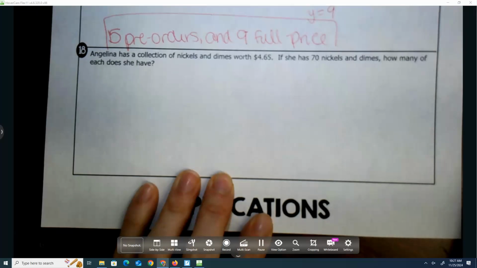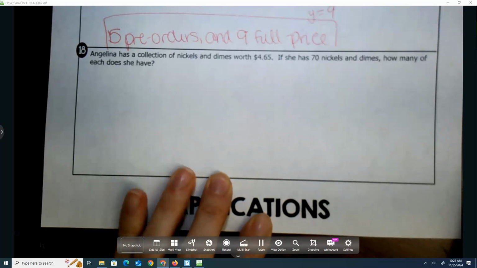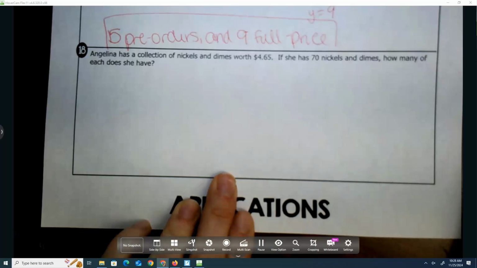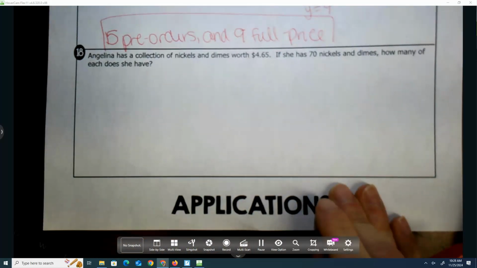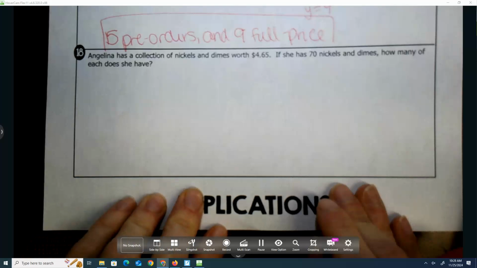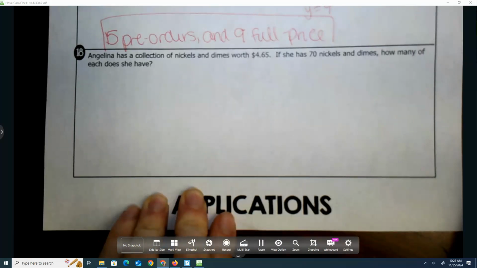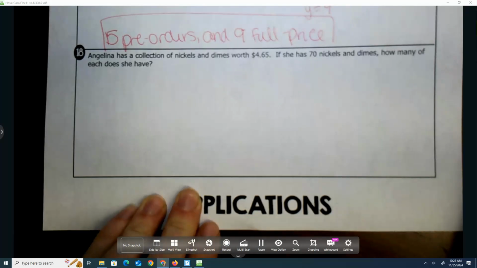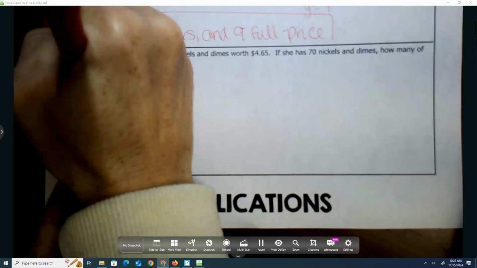All right. Let's look at problem 18. Angelina has a collection of nickels and dimes worth $4.65. If she has 70 nickels and dimes, how many of each does she have? So, where would we begin? What are the things I don't know, Riley? So what would I call my X and Y?